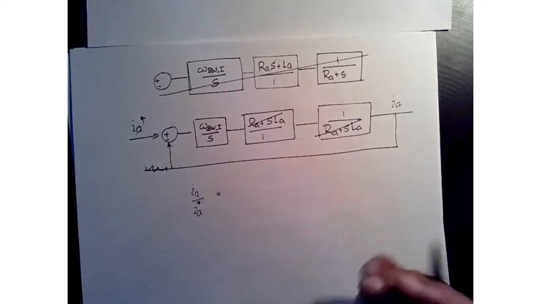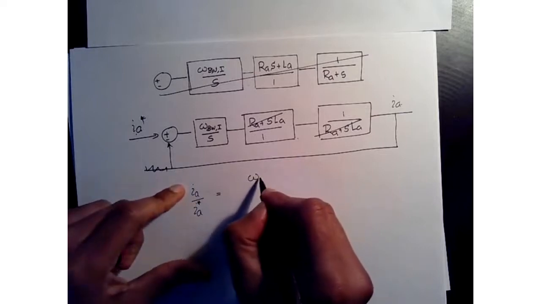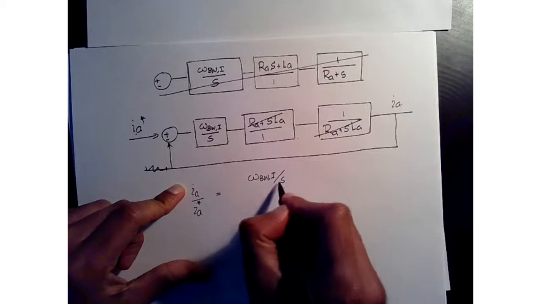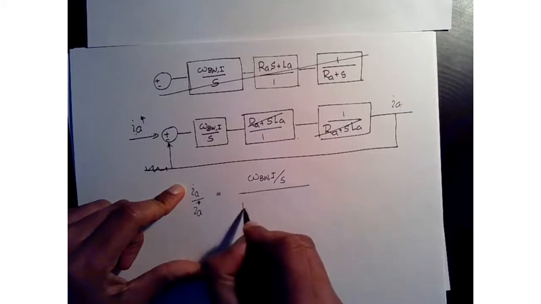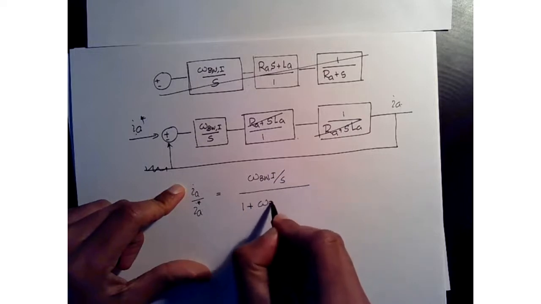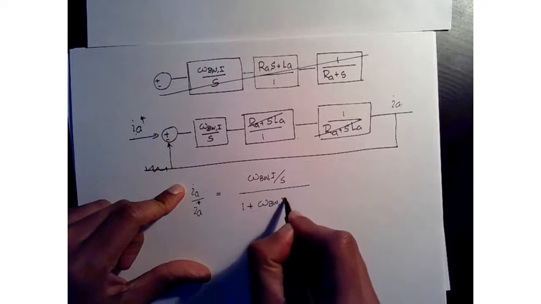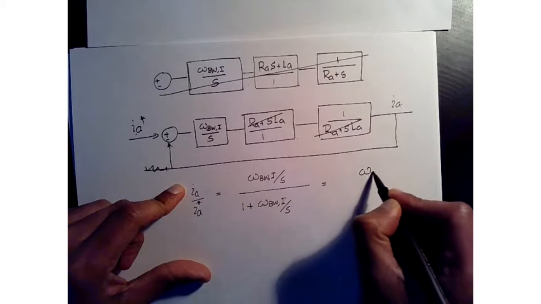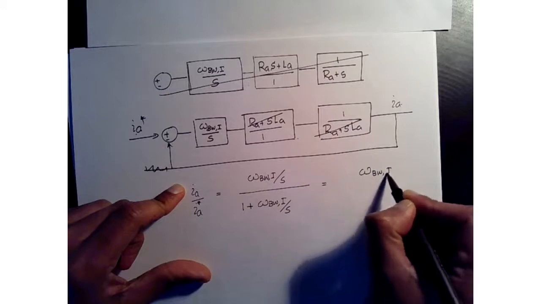So in this case, if the feedback gain is 1, we're left with omega bandwidth I over S, over 1 plus omega bandwidth I over S. So this becomes omega bandwidth I.